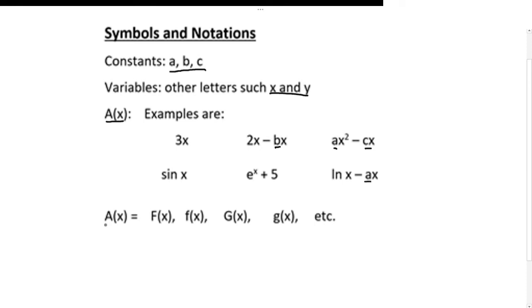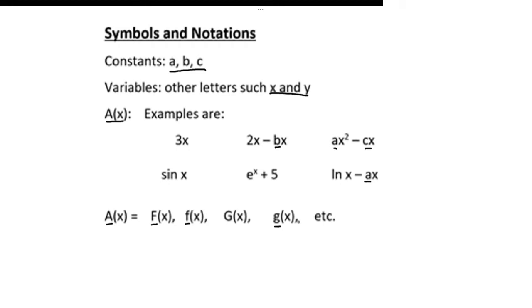For the notation A(x), A can be denoted with other letters such as capital letter F, small letter f, capital letter G, small letter g. So, we can use capital letters or small letters. Yet, this module will usually use capital letter A for the functions that involve only variable x.